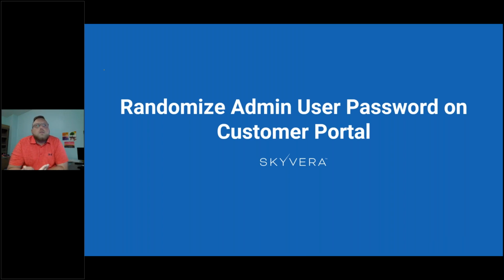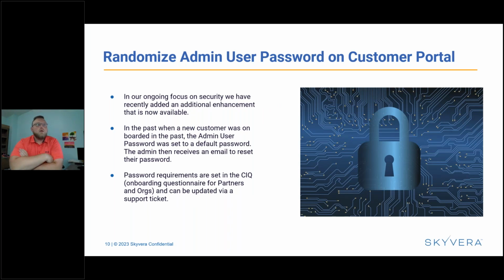Again, for security reasons, I'm not going to say what that password is on this call, but it was a standard password that was generated across the board. What we're saying now is there is the ability to have that password get randomly generated. So again, in the past, it was a standard password. If you want to have that password randomly generated, it is something that is possible now.